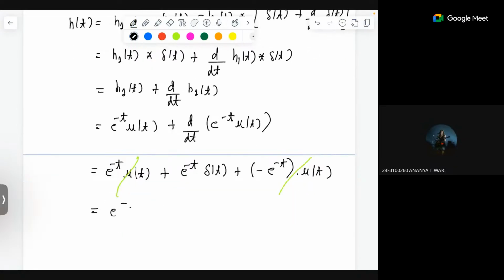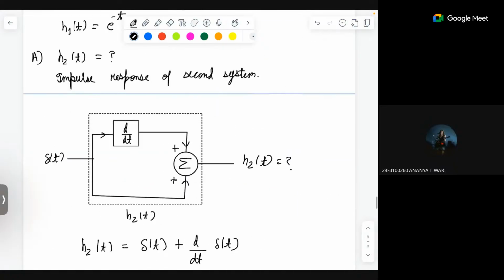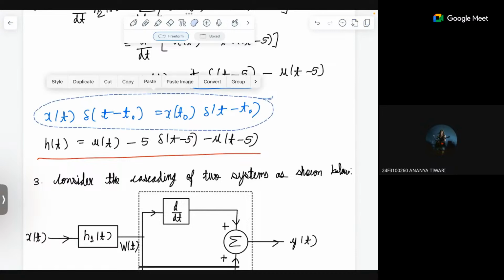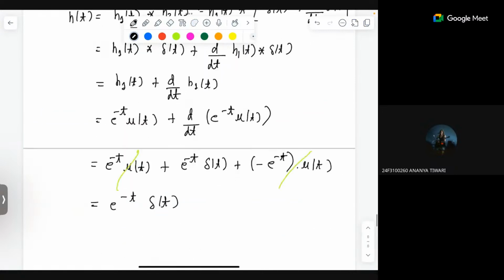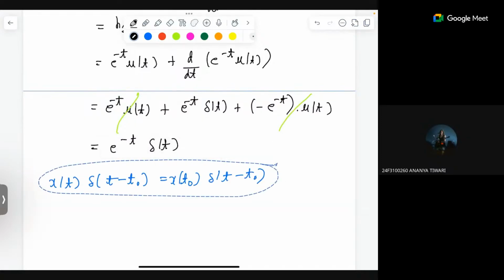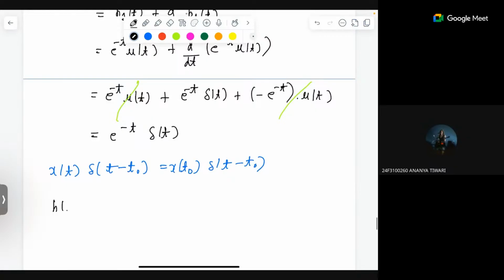Now I'm left with e raised to the power of minus t delta t. Using the same property, I will get h of t to be e raised to the power of minus 0 delta of t, that is delta of t. So my overall response is delta of t.